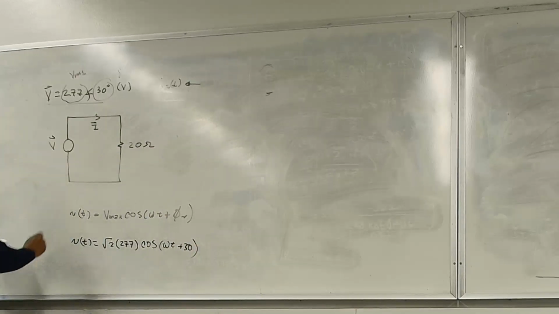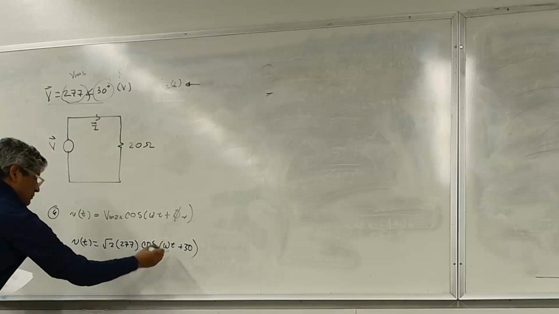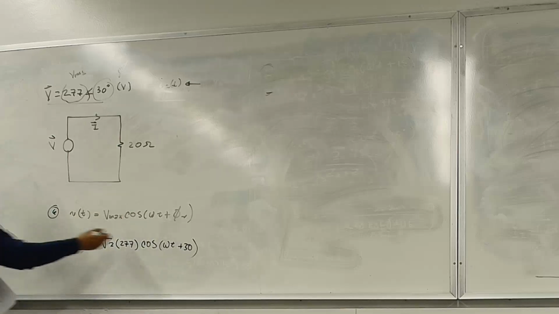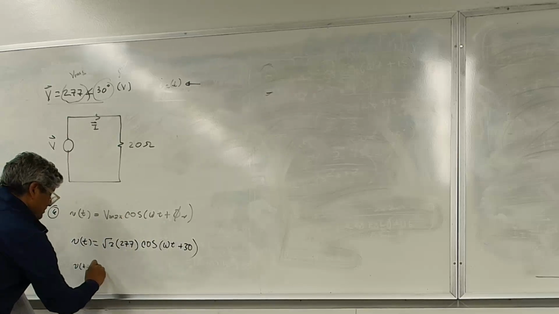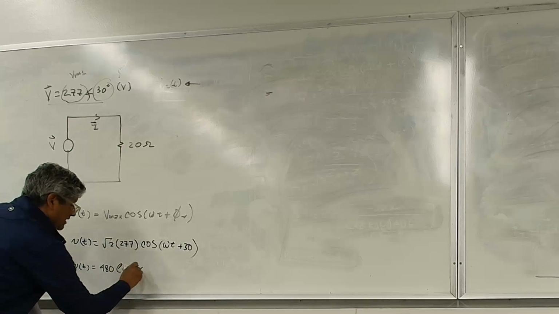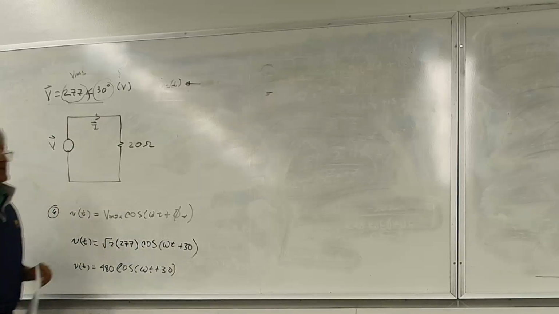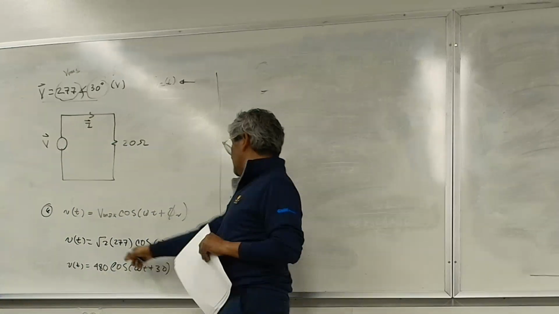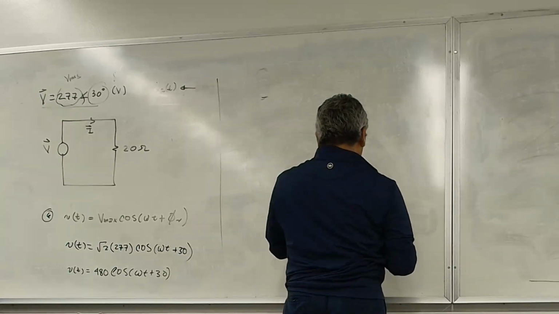So this is A. V of t is equal to 480 cosine omega t plus 30. I'm pretty sure that's what it is, meaning 277 times square root of 2 should be 480.